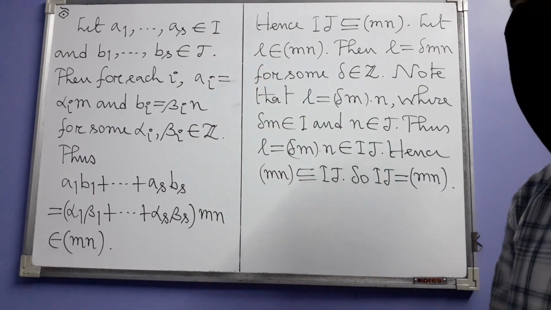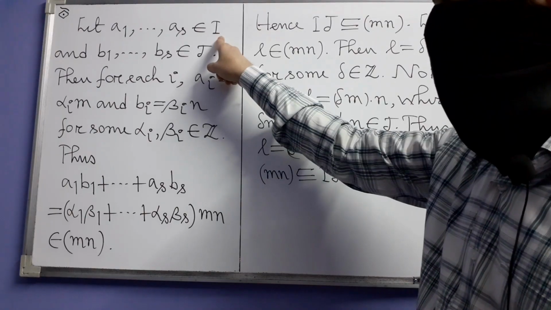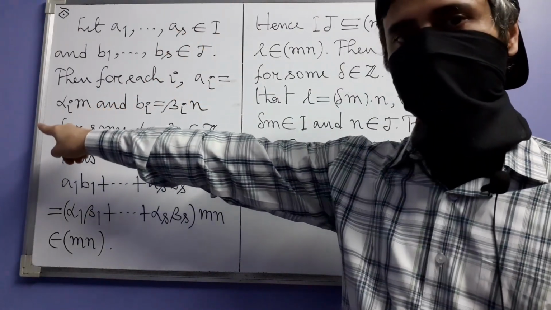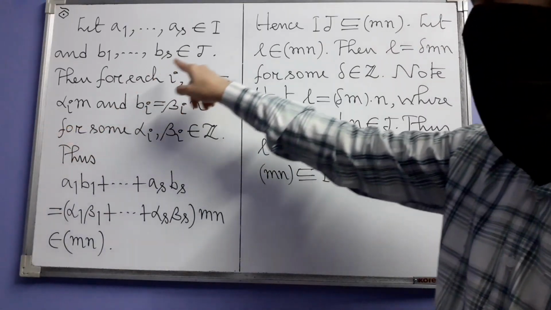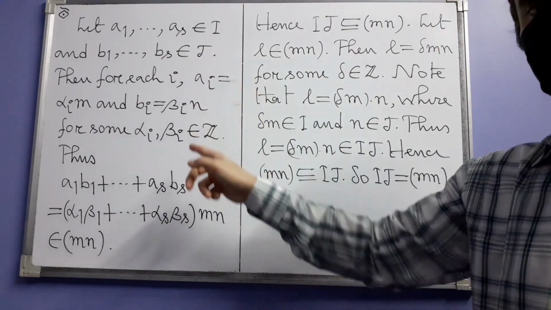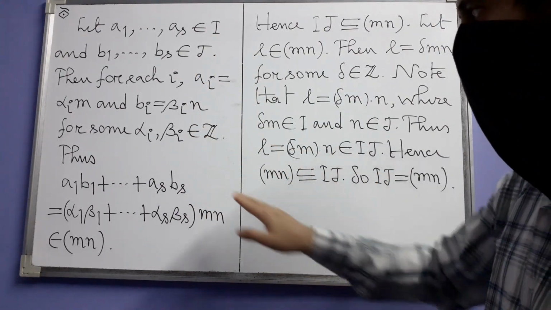But before we use them to consider this element, let us see what the consequence of them being in these ideals is. Since I is the principal ideal generated by m, each a_i will be a multiple of m by some integer alpha_i. Similarly, J is the principal ideal generated by n, so each b_i will be a multiple of n by some integer, say beta_i.